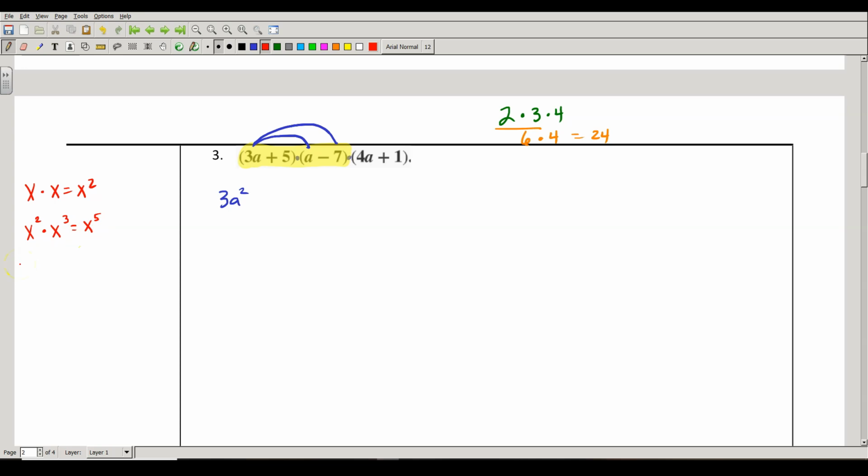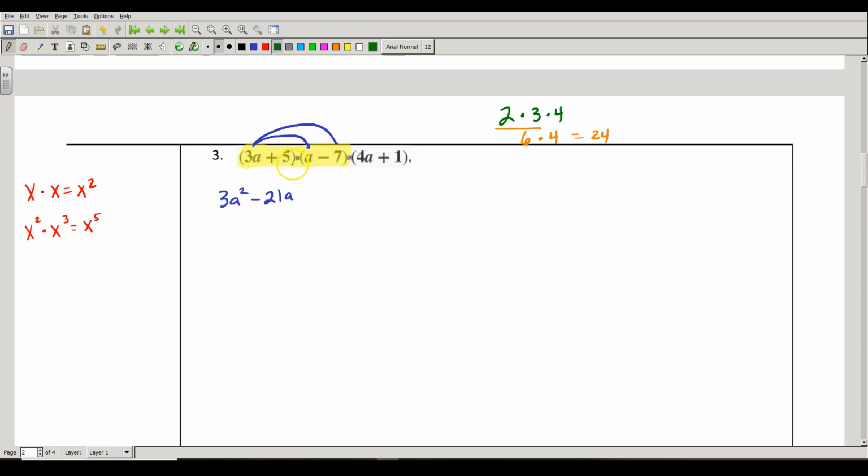Whenever I multiply terms with the same variables, I can add the exponents. So that's what I'm doing here. 3a times a is 3a squared, and then 3a times negative 7 is going to be minus 21a, or I could have put plus a negative 21a like I was doing before.